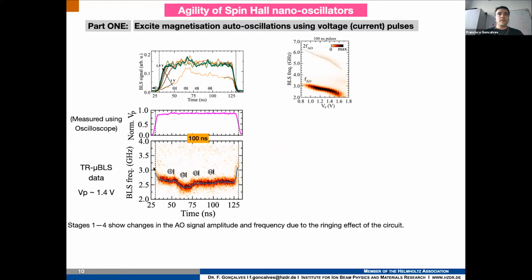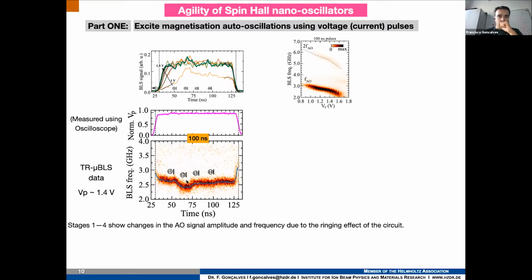At the onset and outset segments, we see this change in the frequency, which is consistent with the sharp rise in the instantaneous voltage: we go from a low voltage value to a high voltage value, which means that the frequency shifts very quickly. This is what happens here and here. We then look at the frequency changes along the intermediate segments of the pulse, which we attribute to the ringing effect of the circuit.